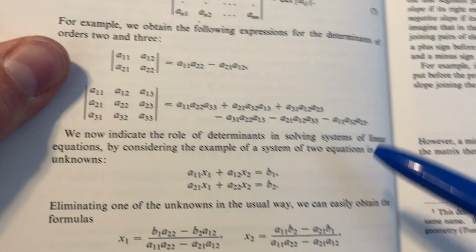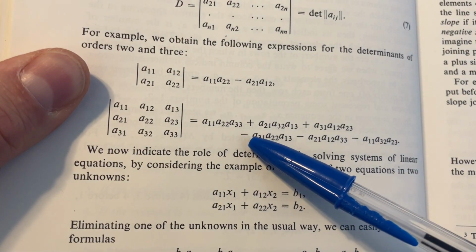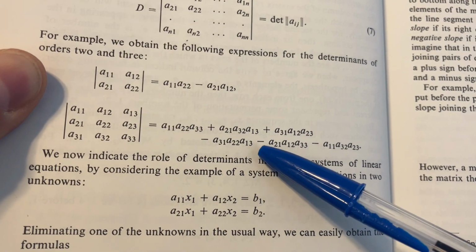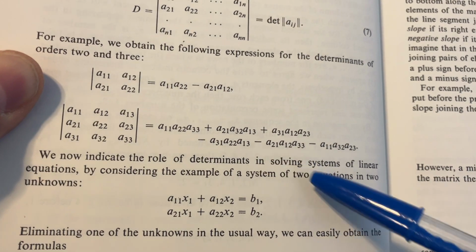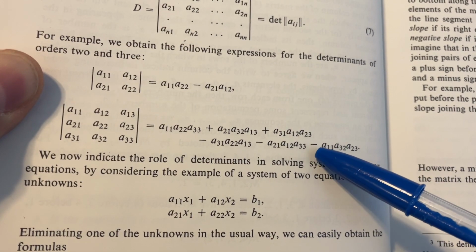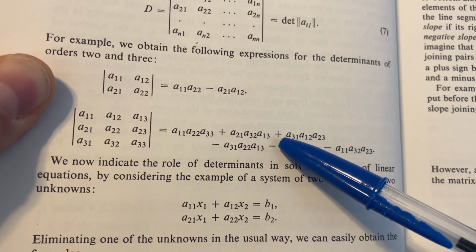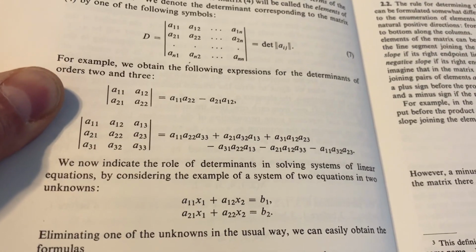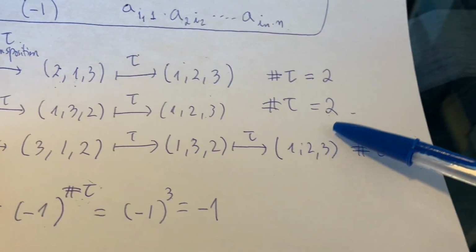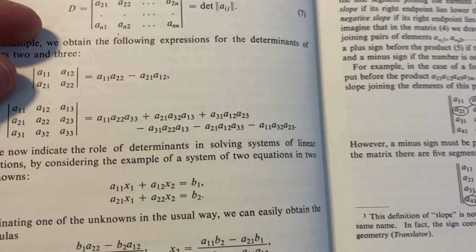And thus, we get here a negative sign. All right. The sign of 2, 1, 3 is also negative 1. And the sign of 1, 3, 2 is also negative 1. Whereas the sign of 3, 1, 2 is positive 1. For 3, 1, 2, the sign is negative 1 to the power 2. Right?